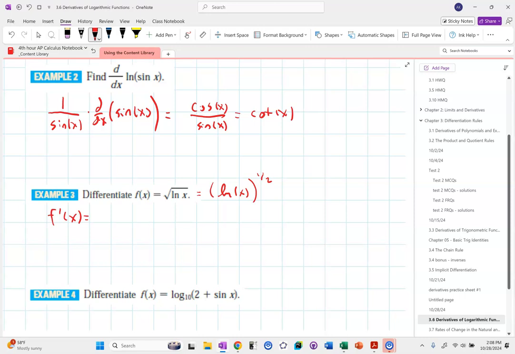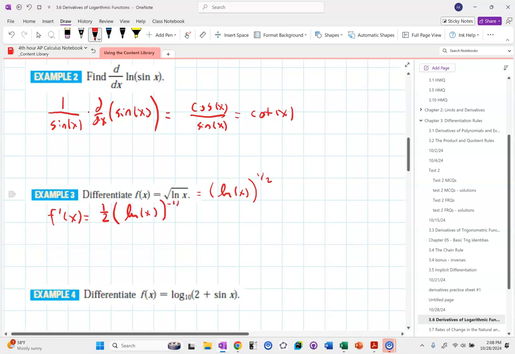So to do x to the 1/2, now we're using the power rule. So that's going to be 1/2 inner function to the negative 1/2 times the derivative of the inner. And that's probably how it would be written on a multiple choice.